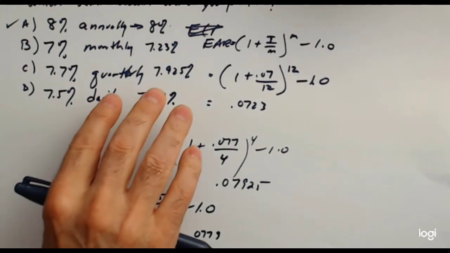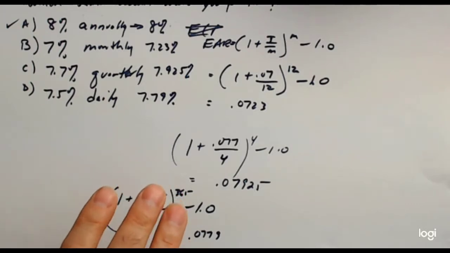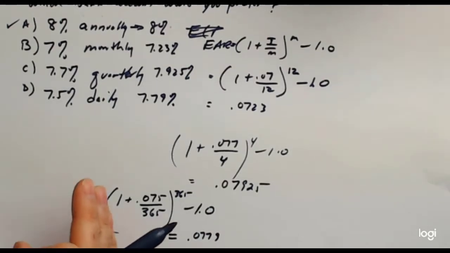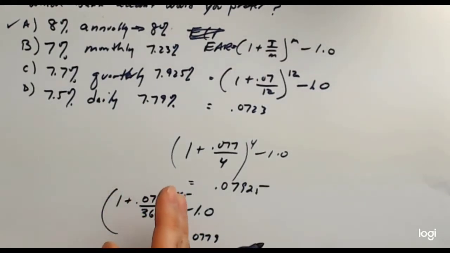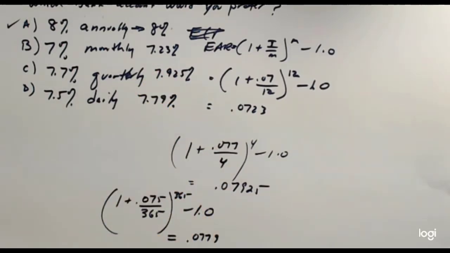So the effect of compounding is good, but it wears out after a while. Most of your compounding effects happen early on, when you go from annual to semi-annual, and then to quarterly. But once you go past quarterly and monthly, the change in driving up your interest rate is smaller.